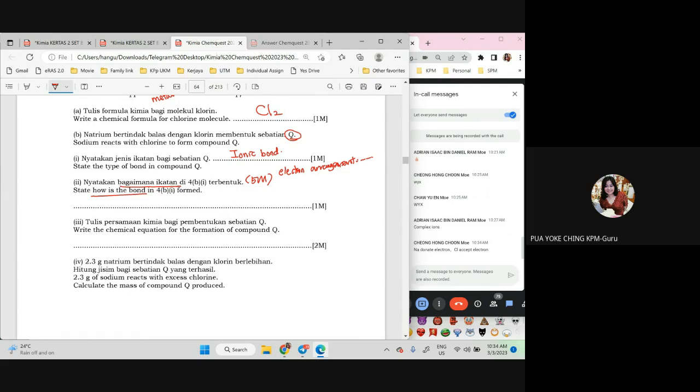Konsep betul, teknik salah. Kalau ada electron, it must be Na donate. Apa saya buat? Na atom donate electron. Mesti ada perkataan atom. Na atom donate electron.